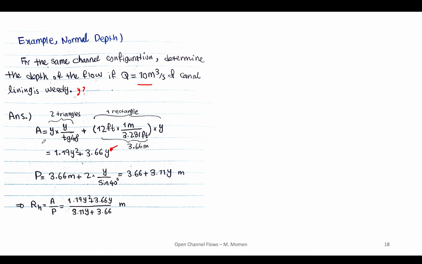And then because I have A and P, I can calculate the hydraulic radius, which is going to be A over P, which will be 1.19 y squared plus 3.66 y over 3.11 y plus 3.66 meter. So this is going to be the hydraulic radius, the effective depth of this canal.